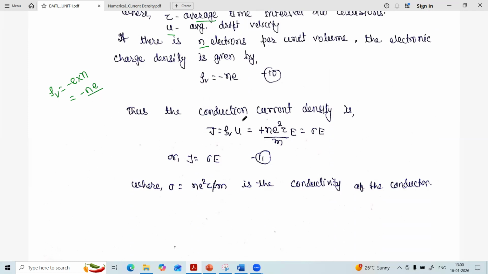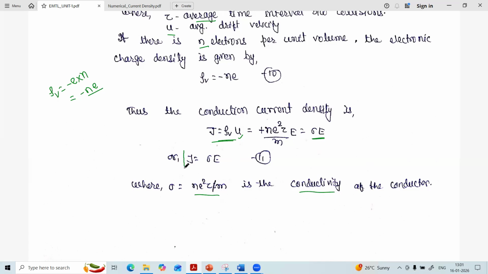So for the conduction current density, the expression we have is J equal to rho v into U. Here we have to substitute the value of rho v as well as the value of U. Finally the negative will become positive, and we have n e squared tau by m into E. So it is written as sigma into E, where sigma equal to n e squared tau by m is the conductivity of the conductor.